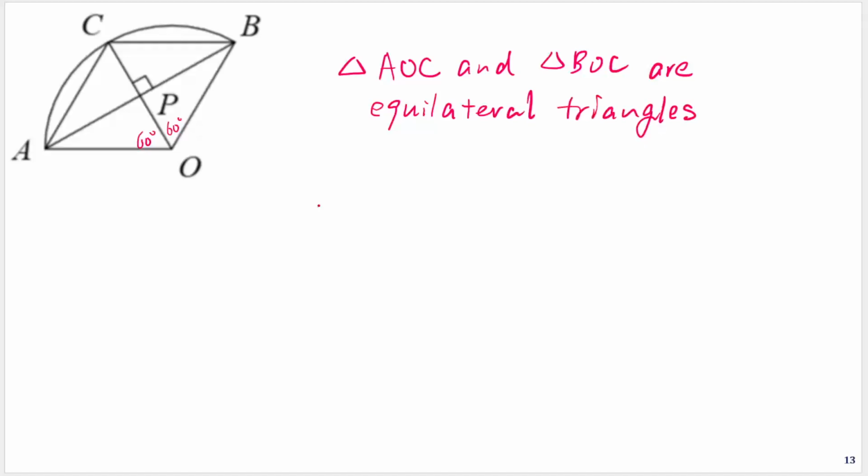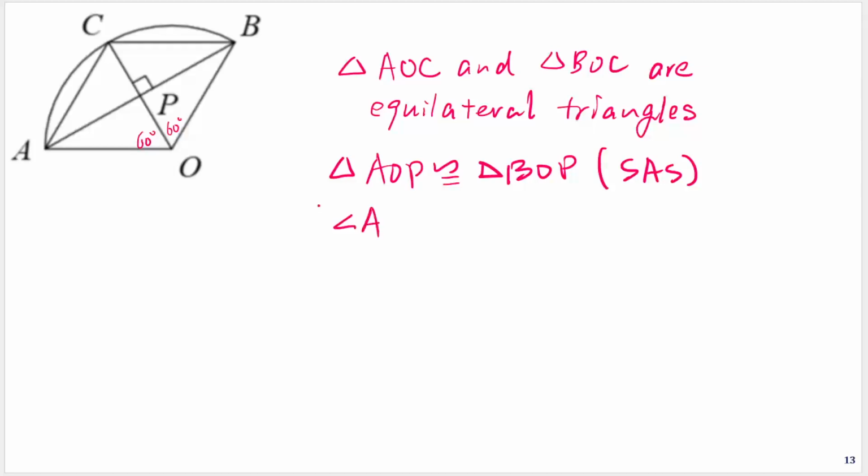So we need to find the radius of the circle to finish the problem. If we let AB meet CO at P here, since triangle AOP is congruent to triangle BOP by SAS, we have angle APO equals angle BPO.